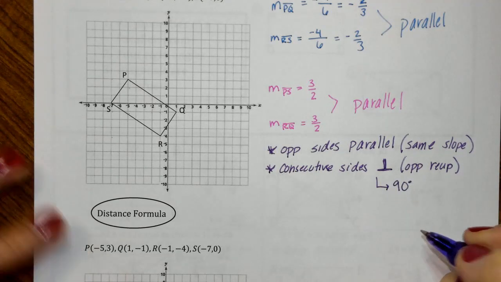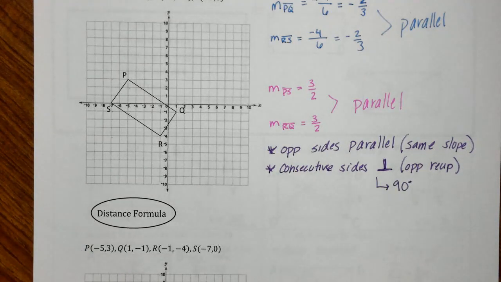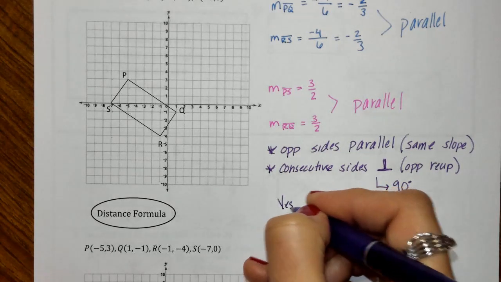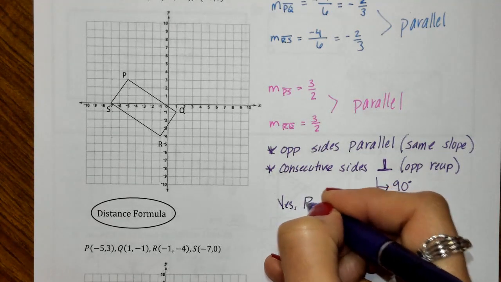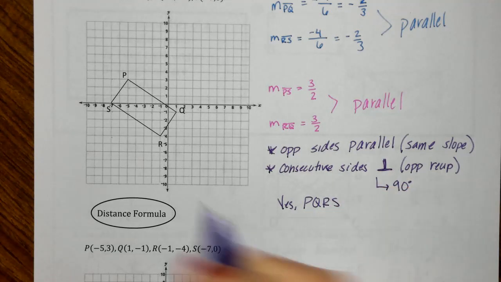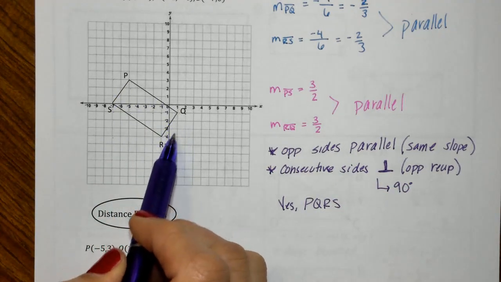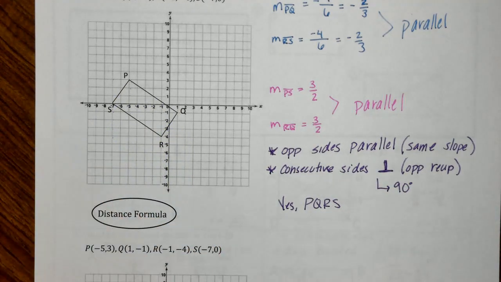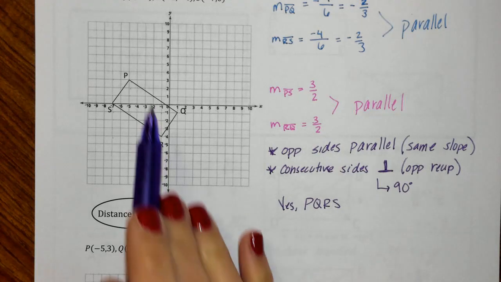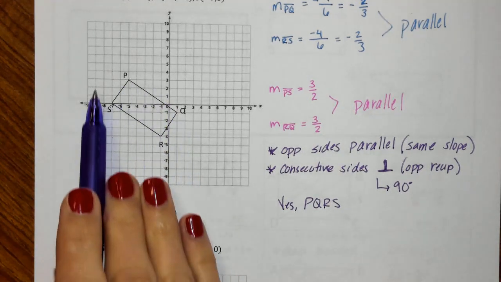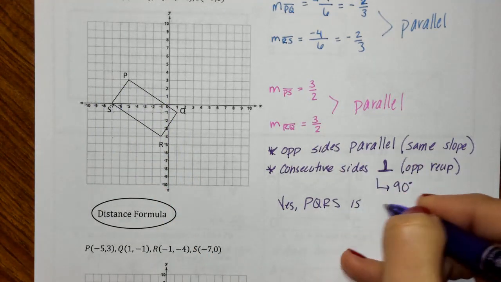We already talked about the 90 degrees, but now we're looking at, how can we see it on the graph? Opposite reciprocal, consecutive sides, one after another. So here we can say, yes, P, Q, R, S. Start at P, Q, R, S. I just habitually go in clockwise order. Okay, P, Q, R, S is a rectangle.